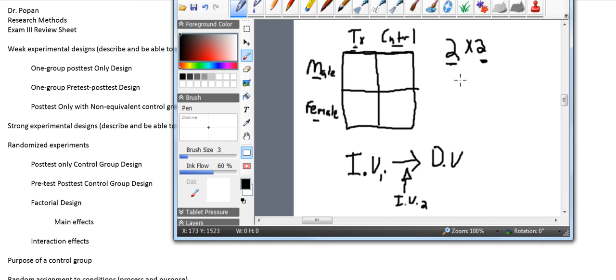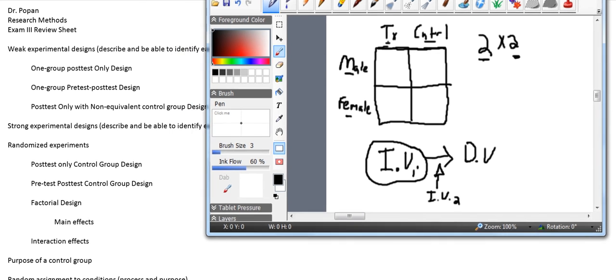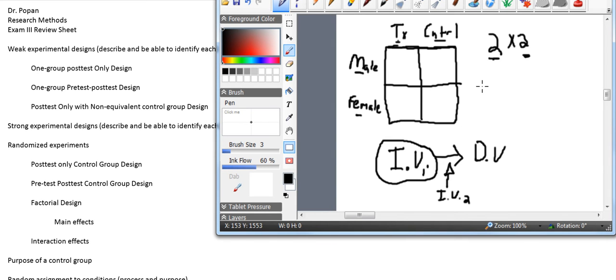Basically, for an interaction effect, the effect of an independent variable on the dependent variable is different at different levels of the other independent variable.